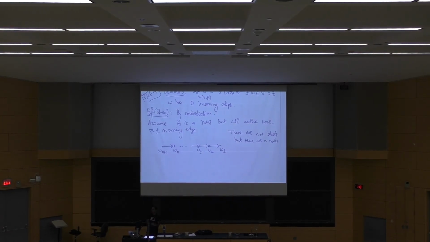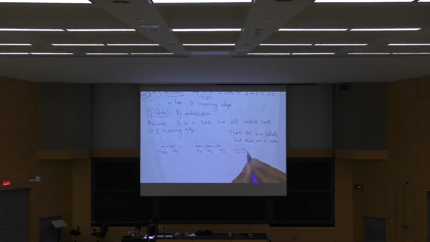So now we apply the pigeonhole principle, where the pigeons are the labels and the holes are the nodes. And so since there are more labels than nodes, it has to be the case that two labels refer to exactly the same node. Okay?